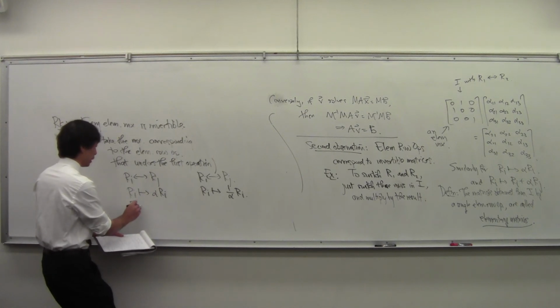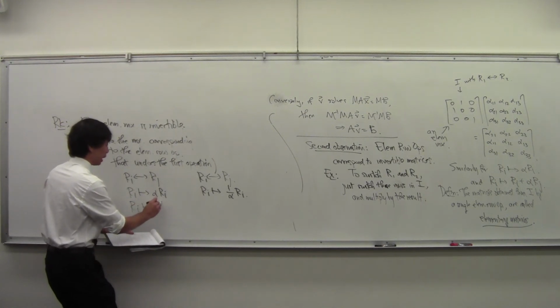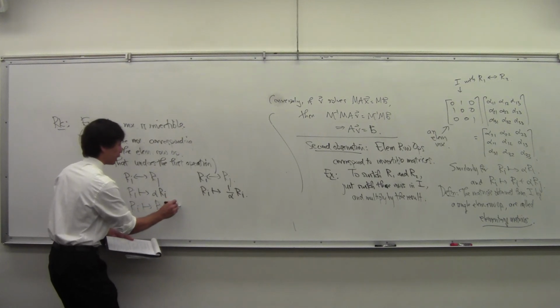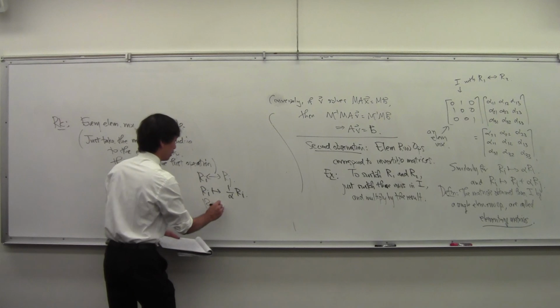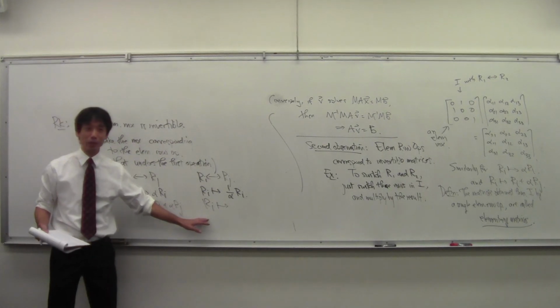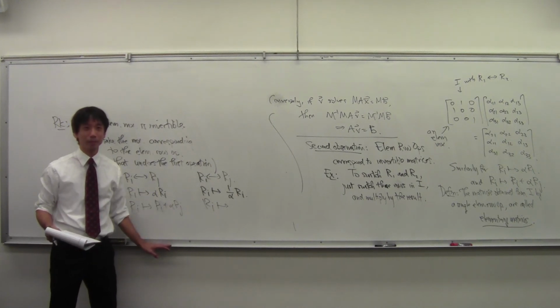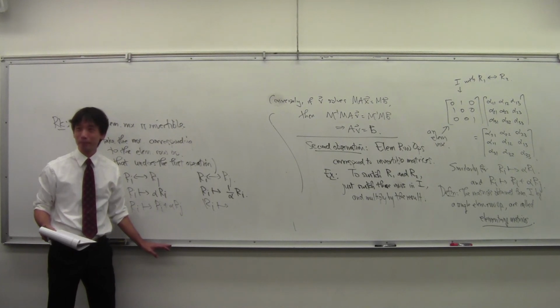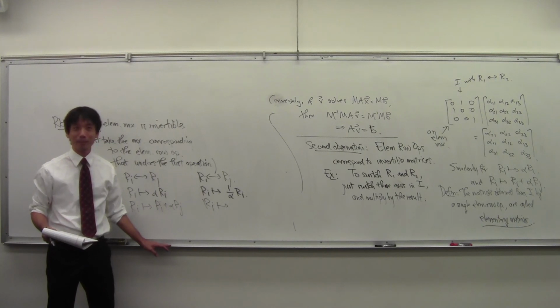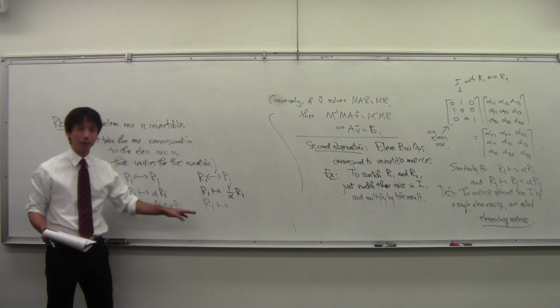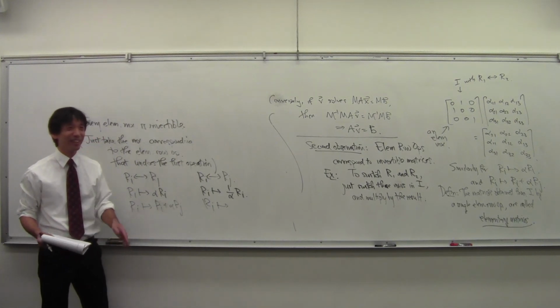If I take a row and add on alpha copies of another row, well, what should I do? What's the operation that'll undo it? I've added on alpha copies of row J, so I want to subtract off.